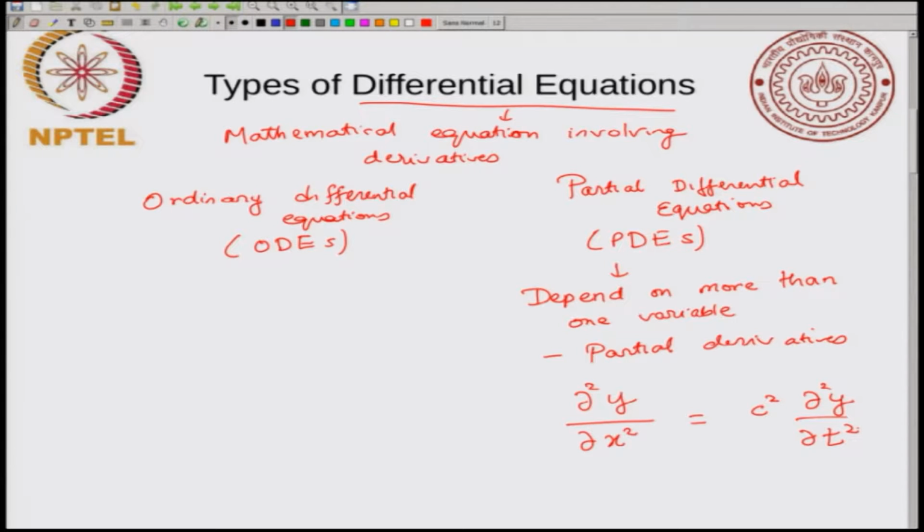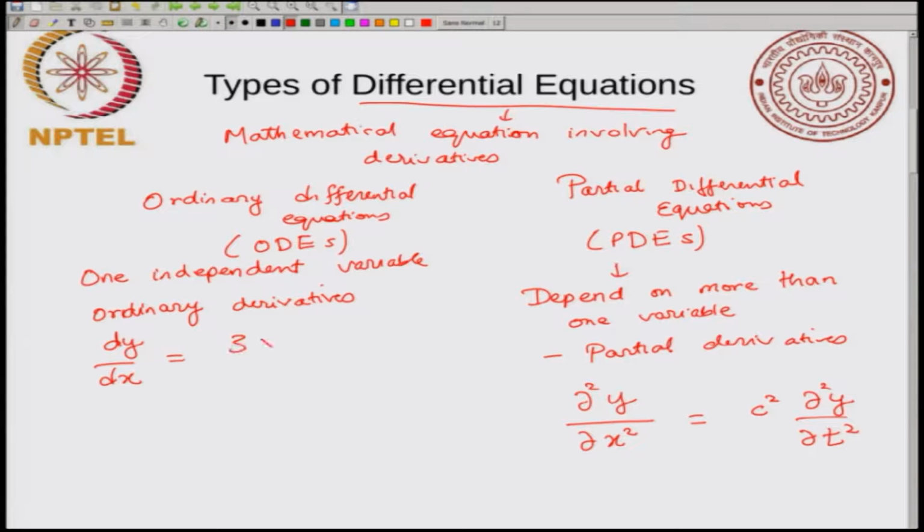In ordinary differential equations, there is only one independent variable, and you only have ordinary derivatives. For example, you might have dy/dx equal to, let us say, 3x² plus 2y.